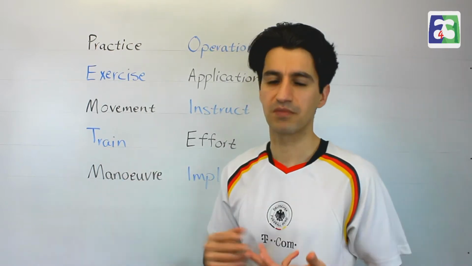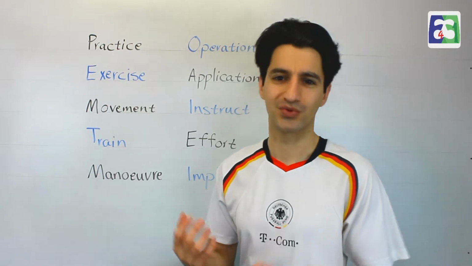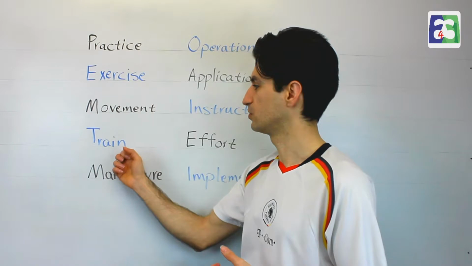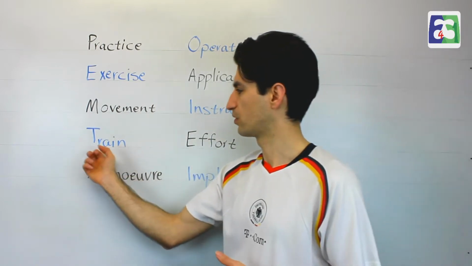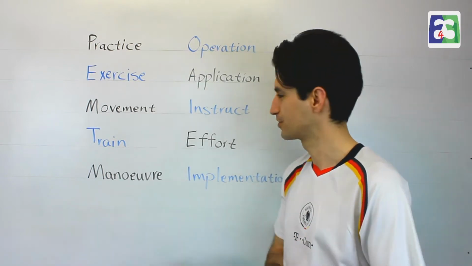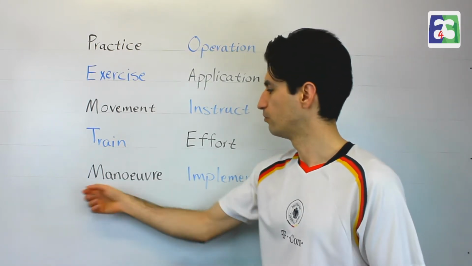Okay, how to swim, how to lift, how to do exercises that you're going to do. When you get the instructions, you are being trained. Okay, so training is that process.